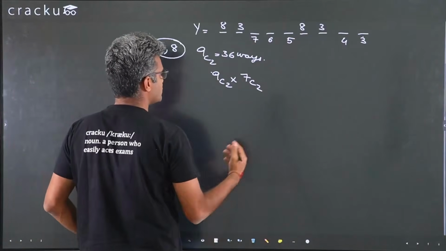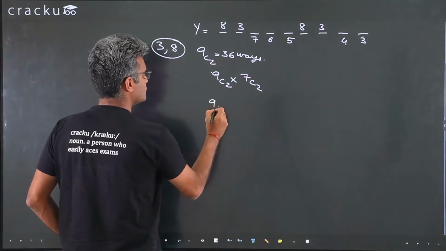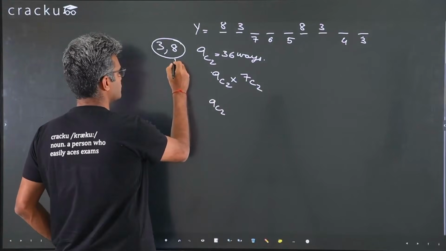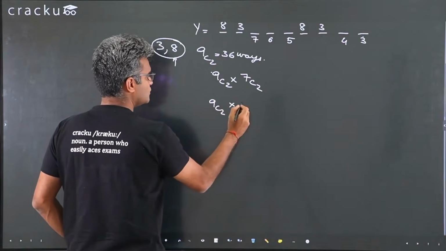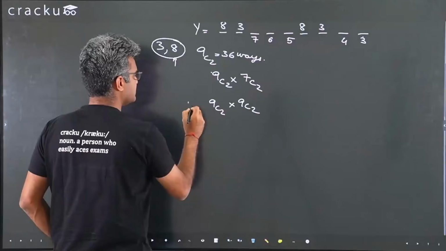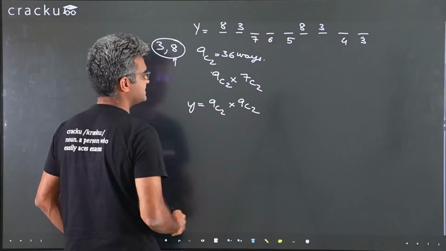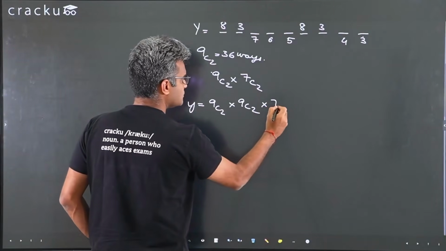So basically the total number of ways will be 9C2. This is for selecting the 2 numbers 3 and 8, into 9C2. This is for selecting the 2 places for 3, into 7C2.